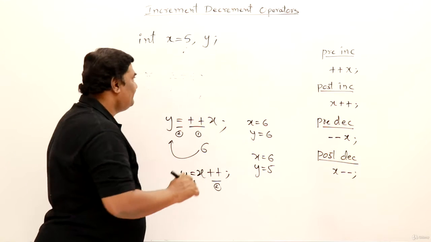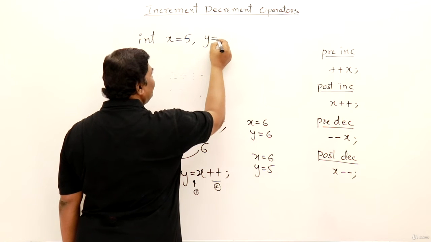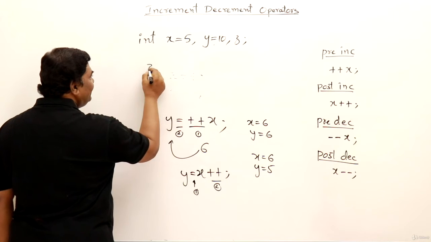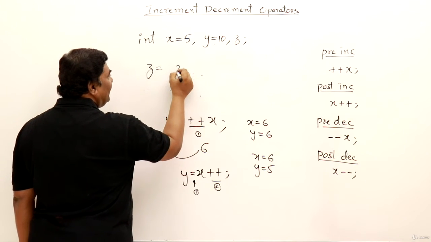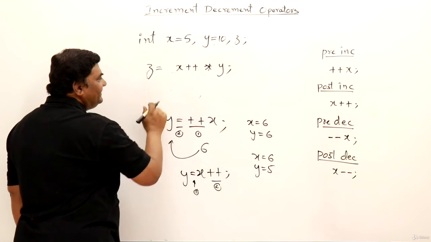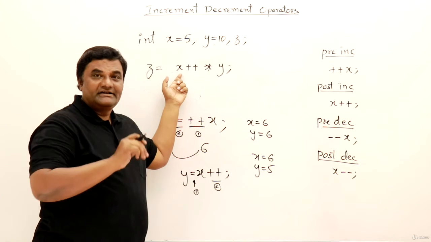I'll show you one more example. Suppose I have some more variables: y is also there, having value 10, and z is also there. So if I say z = x++ * y, actually x and y have to be multiplied, but x should also be incremented.